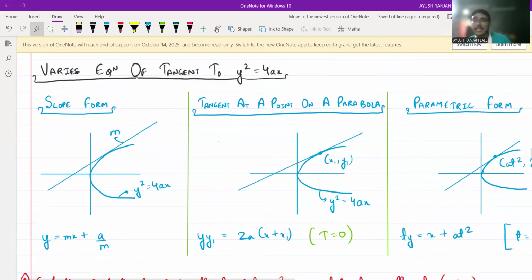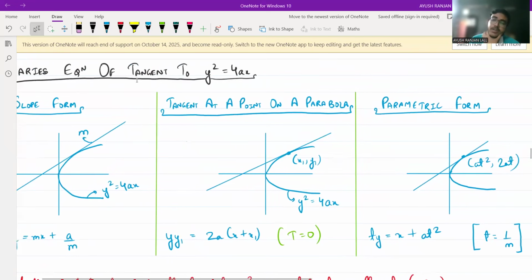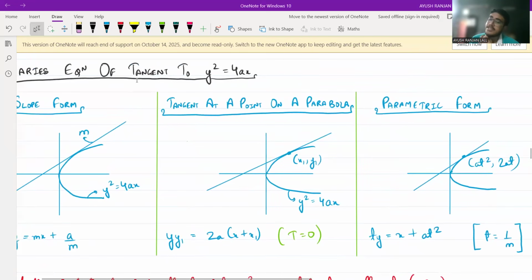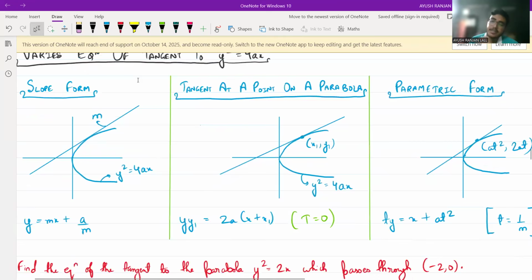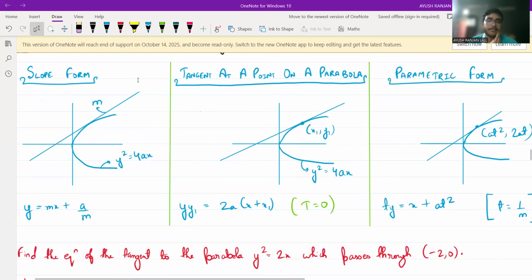Here, instead of x1, y1, we put (at square, 2at), because we are using y square equals 4ax. And by comparing parametric form and slope form, can you tell that t equals 1 by m? Because this will be used in further topics in this chapter. So t equals 1 by m.